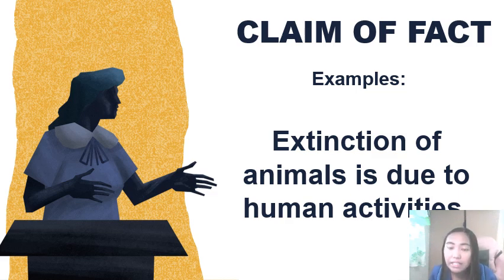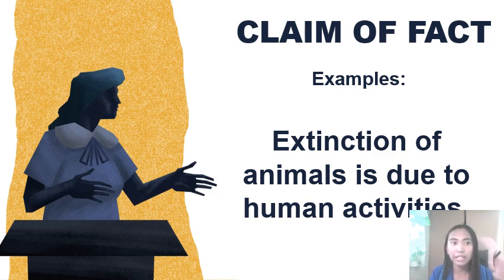But still, this statement is just a claim of fact because of the reason in which it is being said, that the extinction of animals is because of human activities. So it became debatable because other people would argue that there are other factors or other reasons why animals go extinct, right? So it is not just because of human activity. So this is a good example of claim of fact.